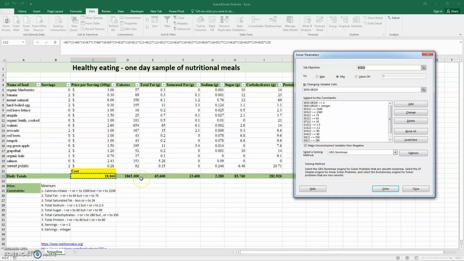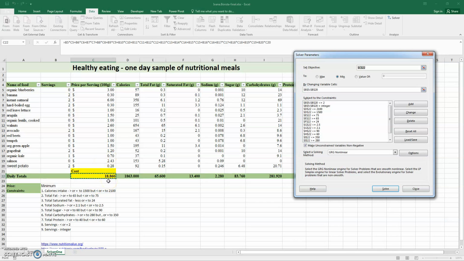These cells are then adjusted, their values are adjusted to satisfy the limits on constrained cells, and they return the result we want on the objective cell.